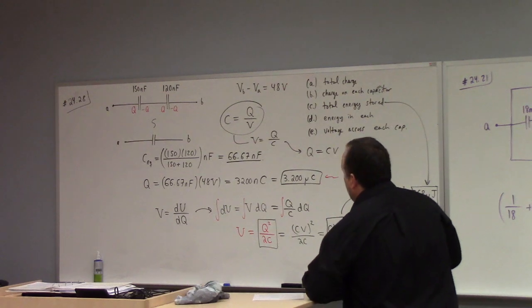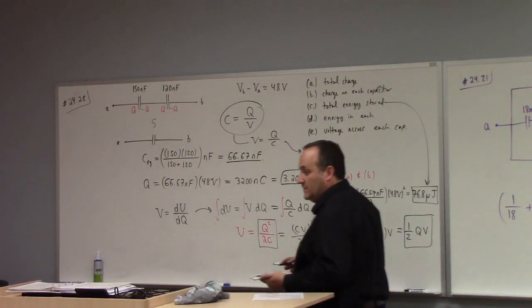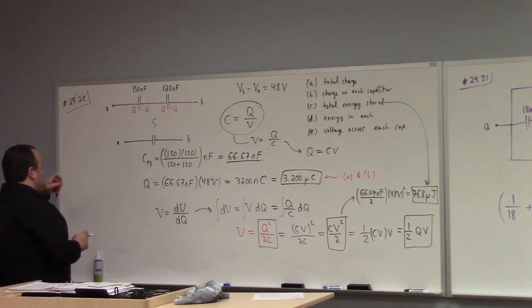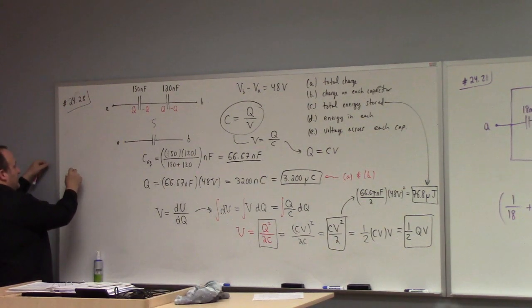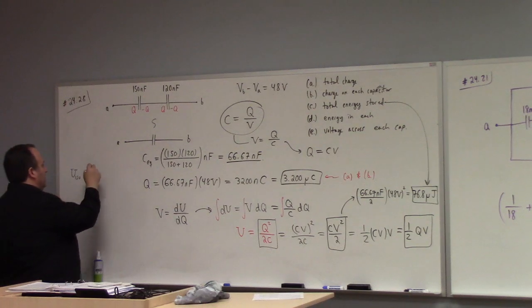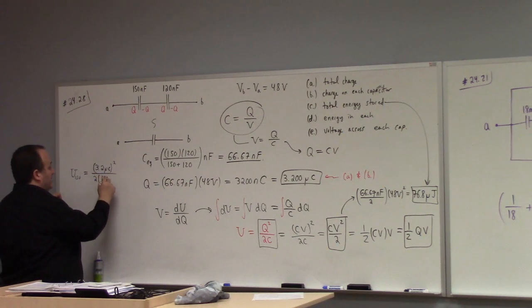So we can calculate the energy in the 150 and the energy in the 120 using the Q formula, right? So like the potential energy in the 150, we can use the Q squared over 2C. So we've got 3.2 microcoulombs squared divided by twice 150 nanofarads.